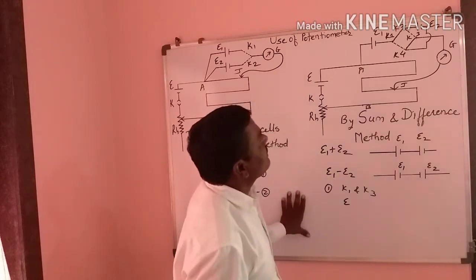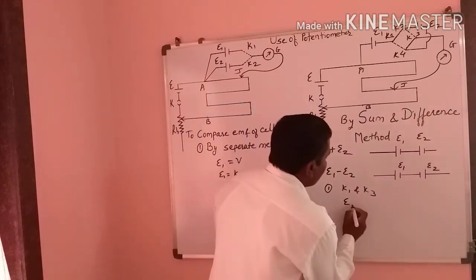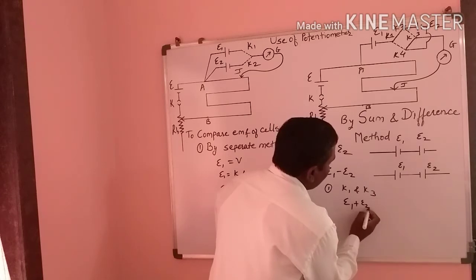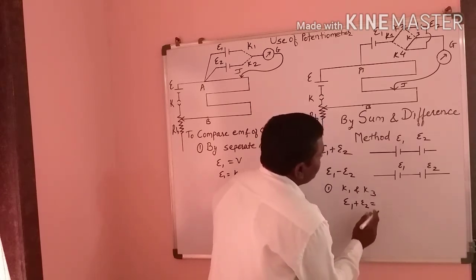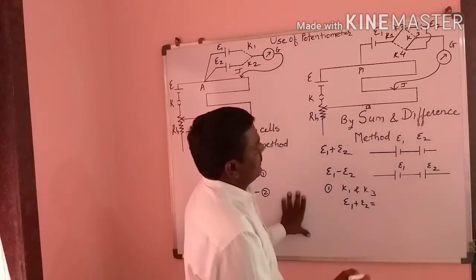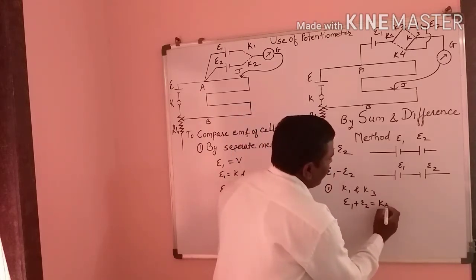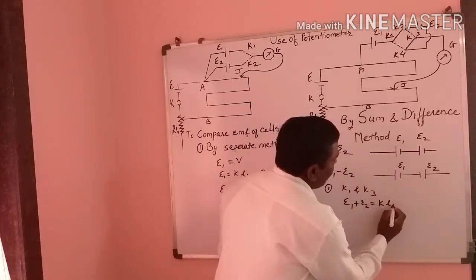At that time there is a sum, and the effective EMF is E1 plus E2 equal to K, the potential gradient of the wire, times the first length, L1.